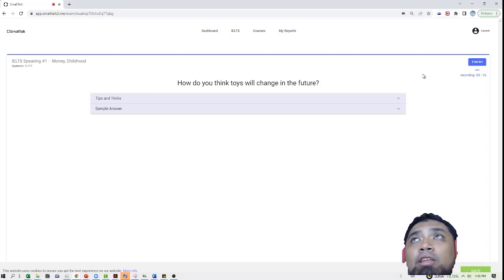However, if we think about it in a different way, like the toys can boost our creativity, then of course the toys are also things that can help our development.